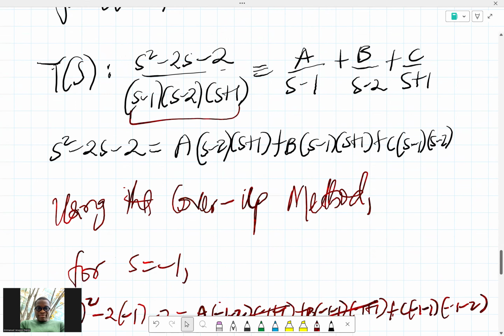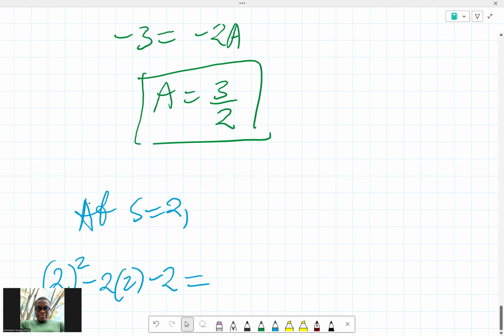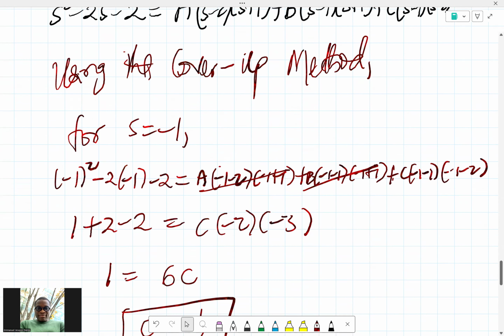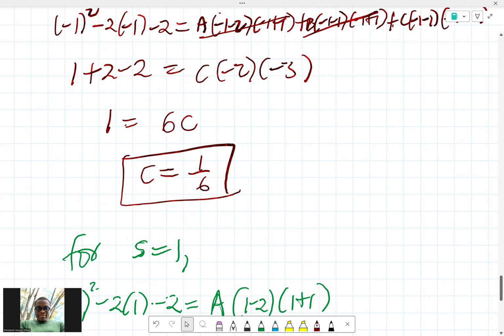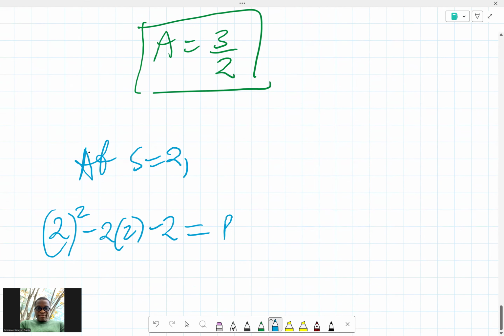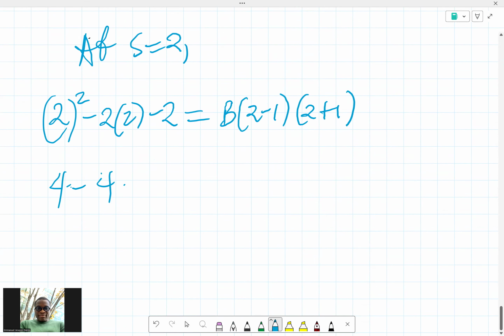And that will be equal to, on the right hand side, anywhere there's s minus 2, that will cancel out. So this should go, and this will also go. So we have only b left. So we have b into 2 minus 1, 2 plus 1. So that is 4 minus 4 minus 2.